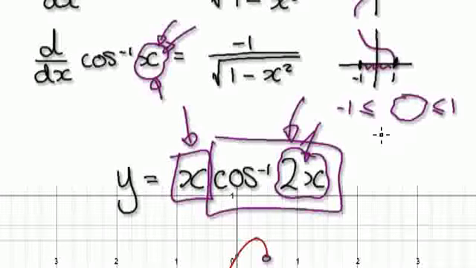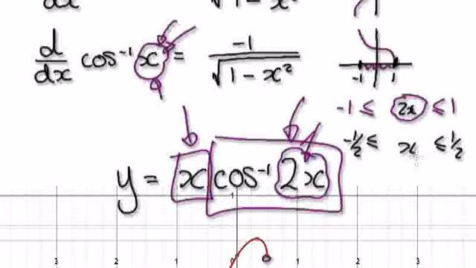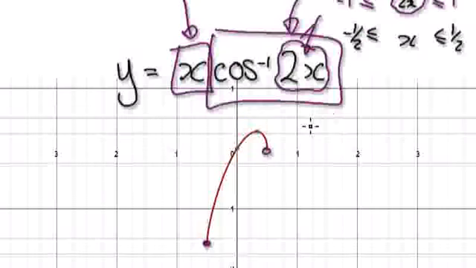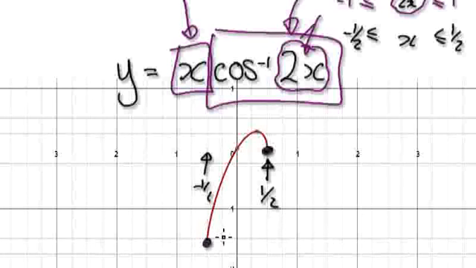But our bubble here is 2x. So now divide all sides by 2. That's minus a half here and a half here. That's why this graph stops in the middle of nowhere, and this nowhere here is a half, and this nowhere here is minus a half. That's why it stops at minus a half.